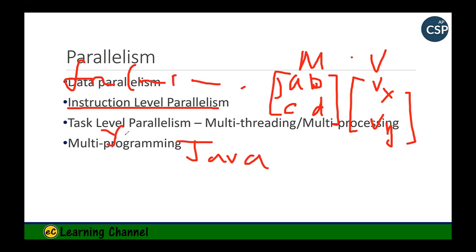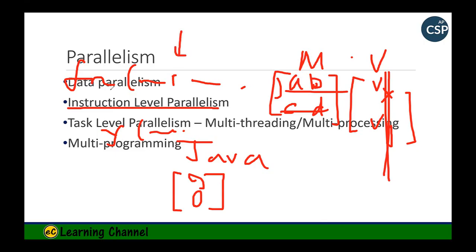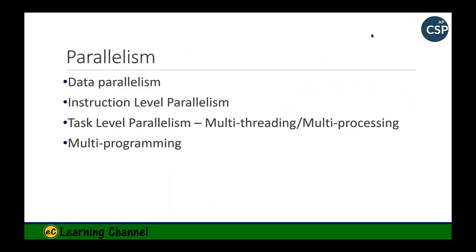Second line, integer j equals 0, j less than a1.length, j increase. Then you do this row times this column, this row times this column, and you end up with two numbers, using a nested for loop. That's the way you do it with instruction level parallelism, and that is slow.